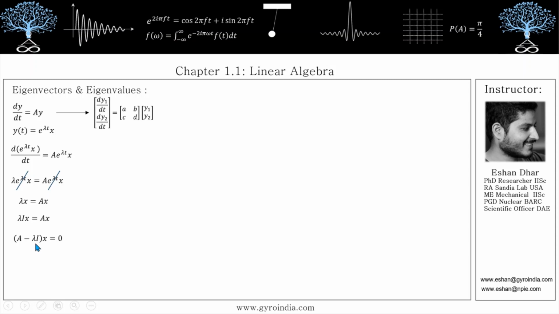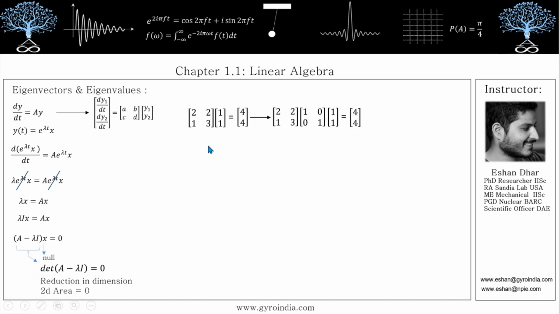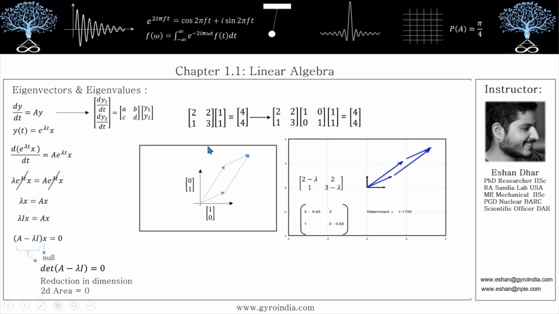Now for the vector x to lie in the null space, the determinant of A minus lambda I has to be 0 for a non-trivial solution. We can visualize the effect of the eigenvalue on the span of the column vectors of this particular matrix.